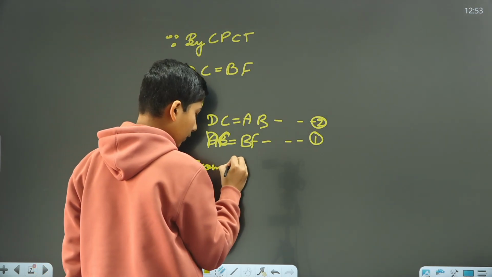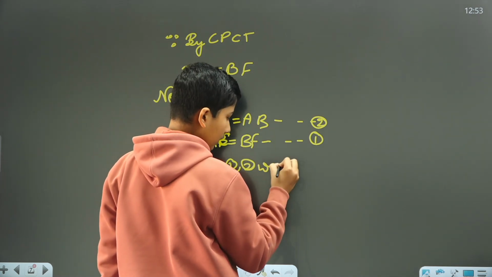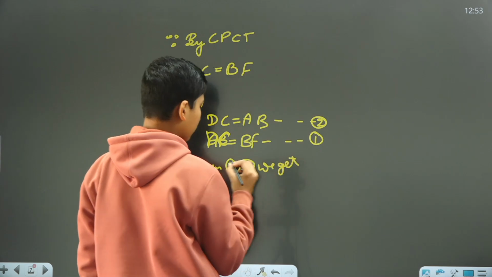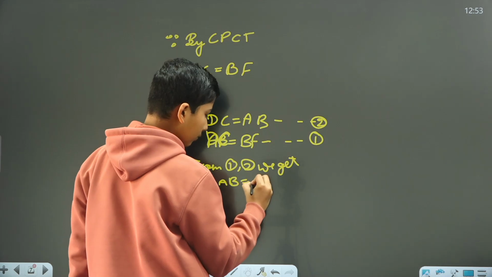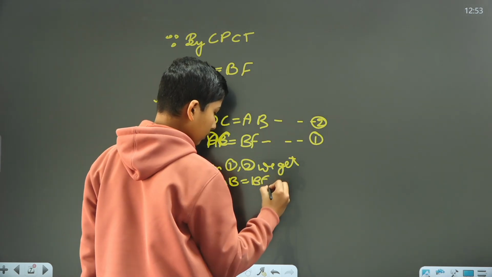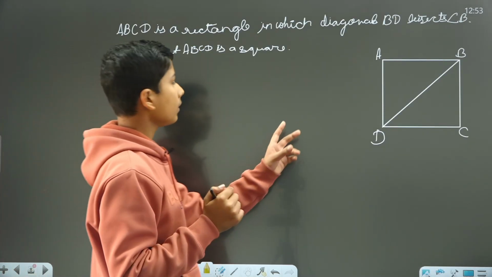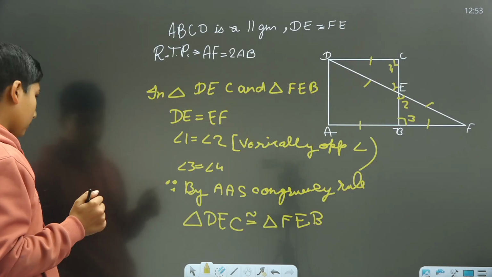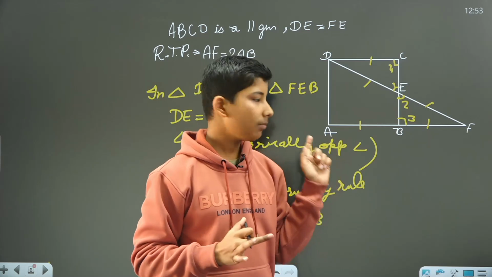From 1, 2, we get AB equal to BF. These two sides have become equal.